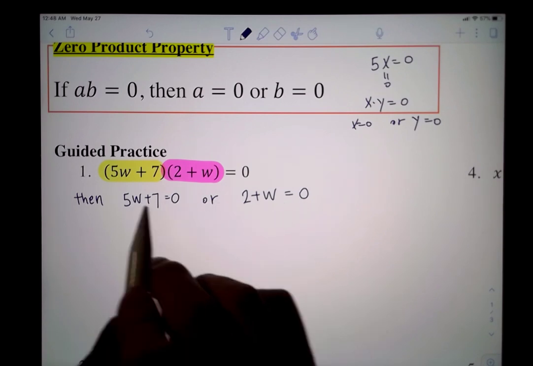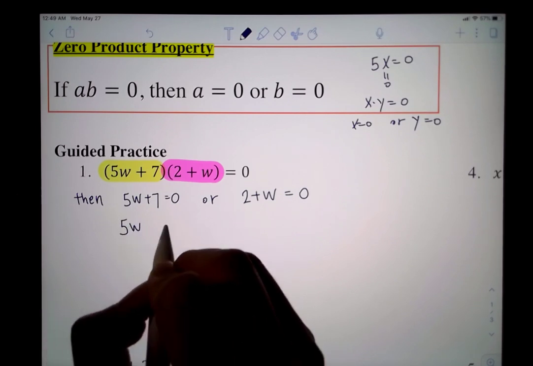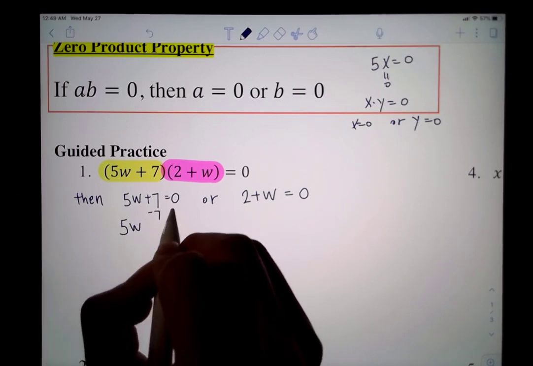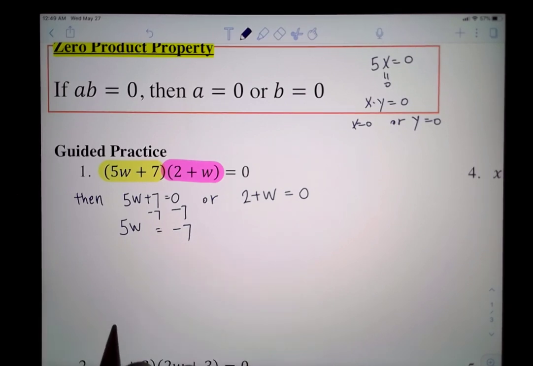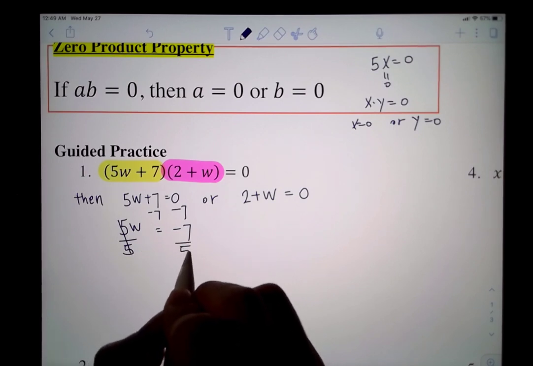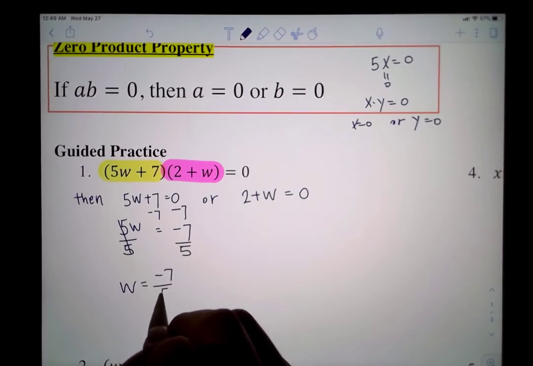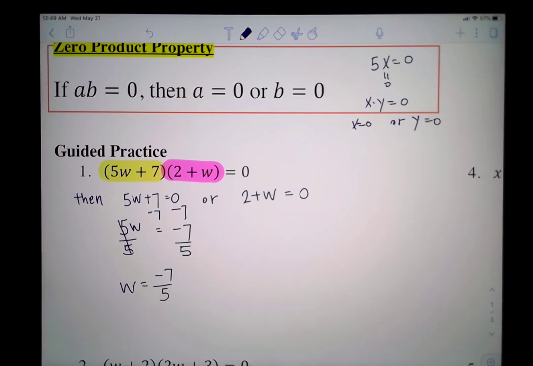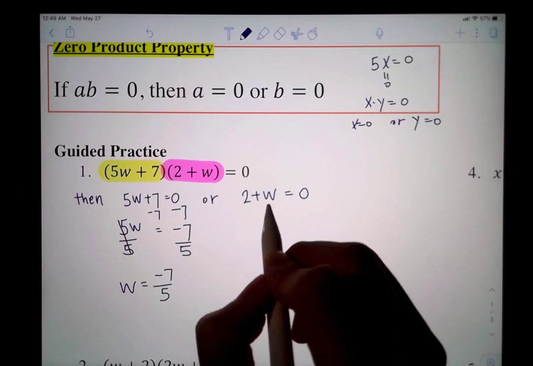That's it. So if I solve that one, then you do 5w and minus 7. So you get negative 7 on the other side, and divide by 5. So your w equals negative 7 over 5. Right? And then we have one more from here. So I want to get w, right?